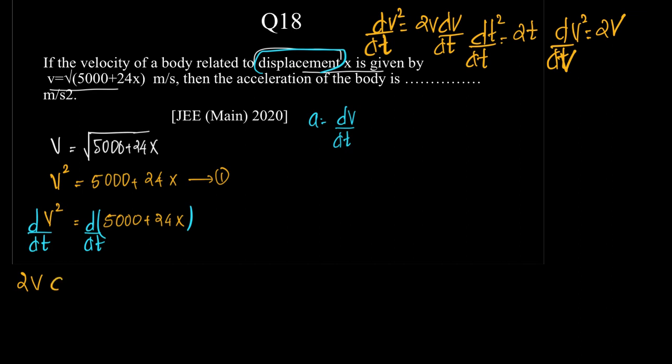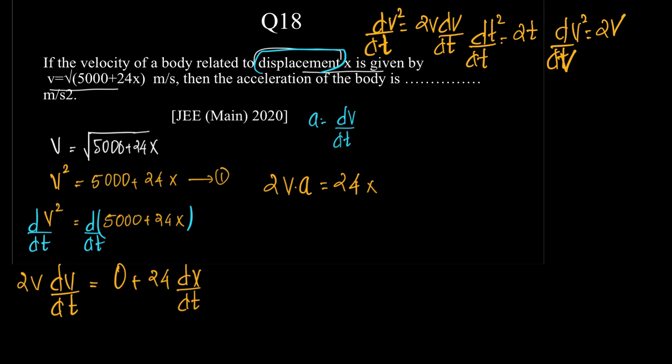So this is 2v into dv by dt is equal to d by dt of 5000, which is 0, so that becomes 0 plus 24 into dx by dt. So dv by dt is acceleration a, is equal to 24 into dx by dt, which is velocity v.